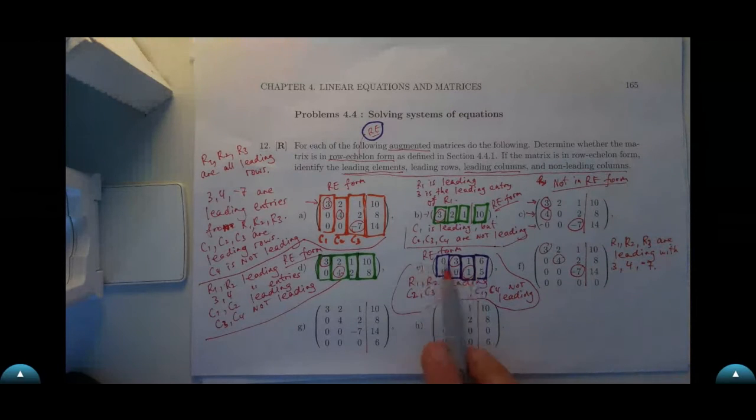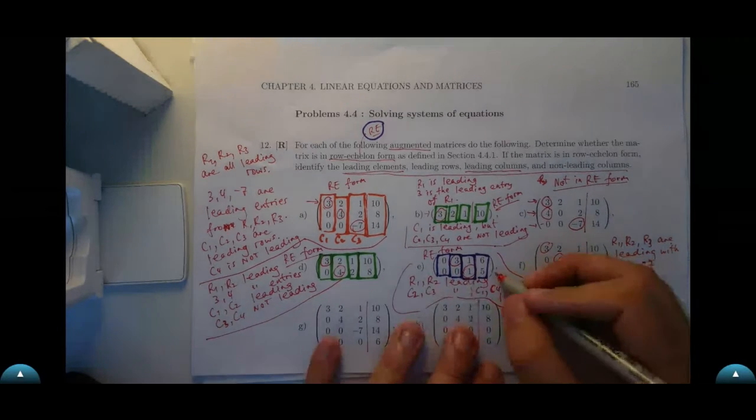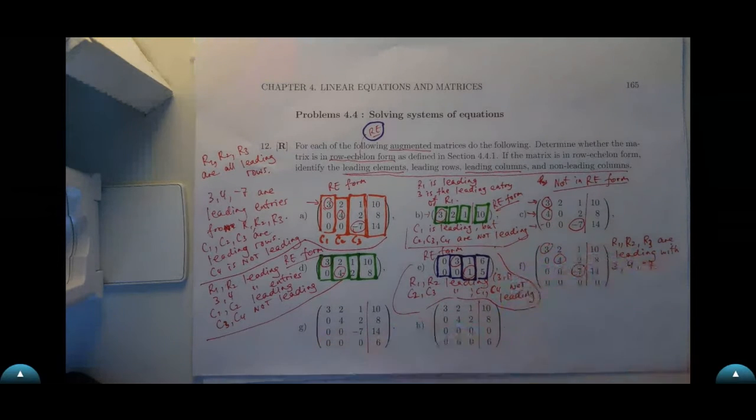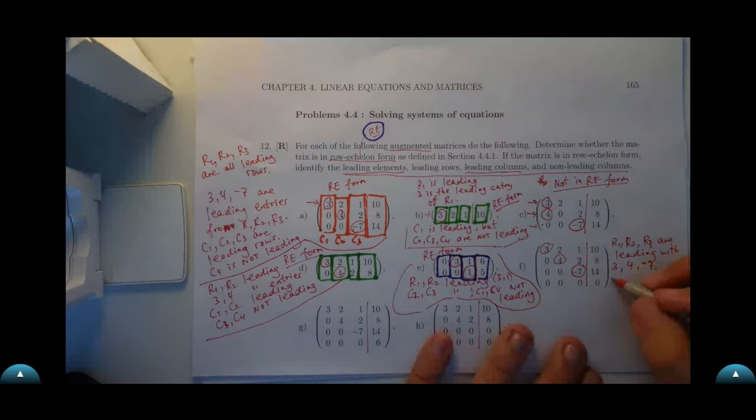Over here, the leading entries would be 3 and 1. Row 4 is all zeros, so it can't be leading by definition.